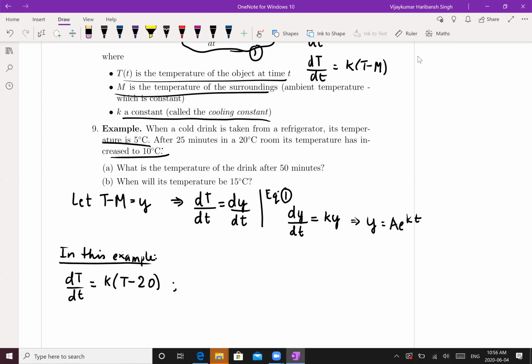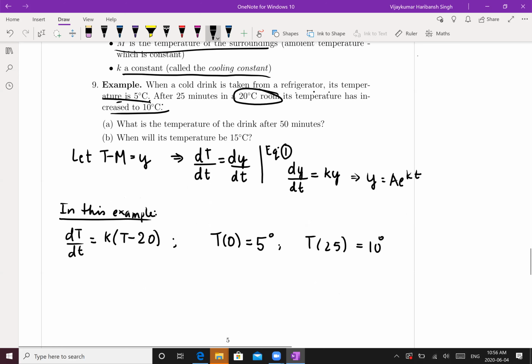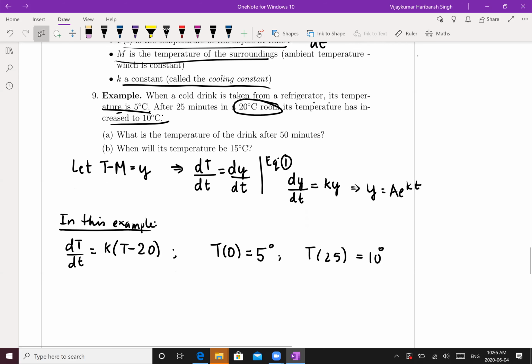The extra information is that when the cold drink is taken from the refrigerator, its temperature is 5 degrees. So we are given that T of 0 is 5 degrees. And what else is given to us? T of 25 is given as 10 degrees. The temperature of the surroundings is 20 degrees. Okay, so let's do what we did here. We'll substitute, let y be T minus 20.